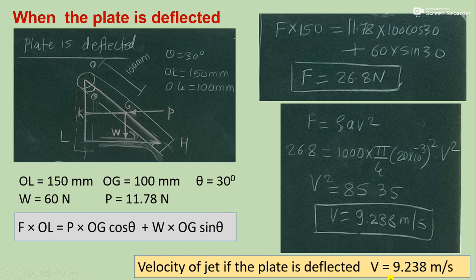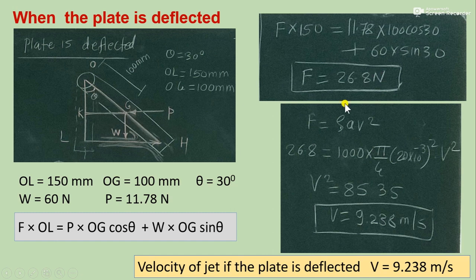Now our aim is to calculate V. So this is the relation from the theory, directly we write here: F into OL is equal to P into OG cos theta plus W into OG sin theta. So now we put the value of OL 150, P 11.78, OG 100, cos angle 30 plus W is 60 multiplied by sine angle 30. So here we get the value of F, that is 26.8 Newton.